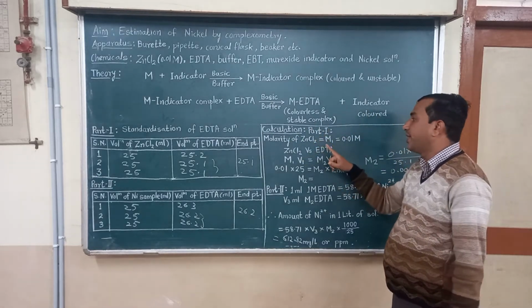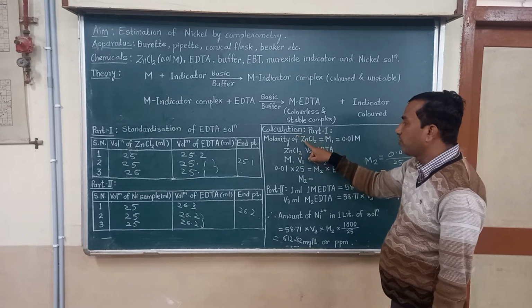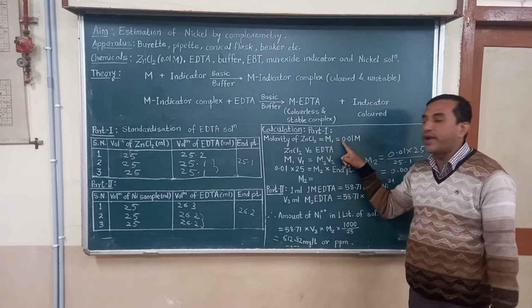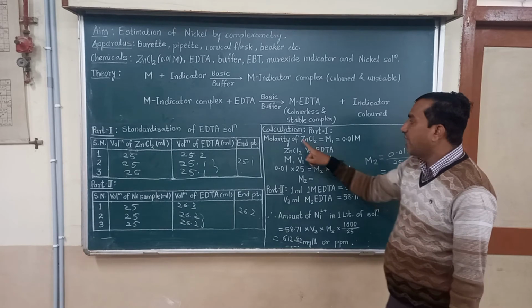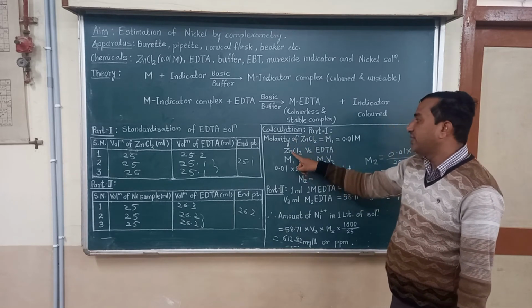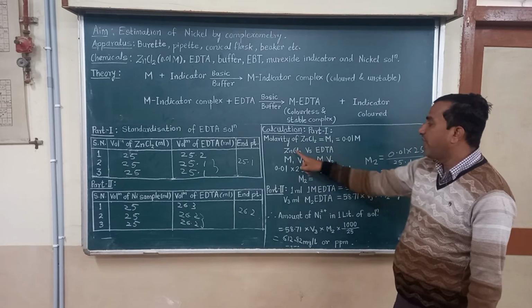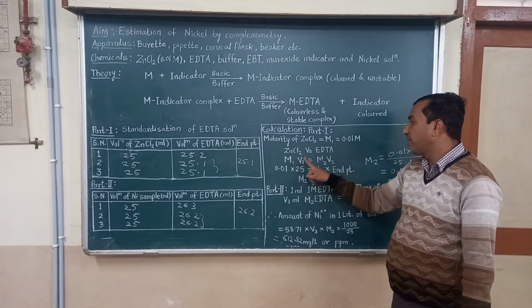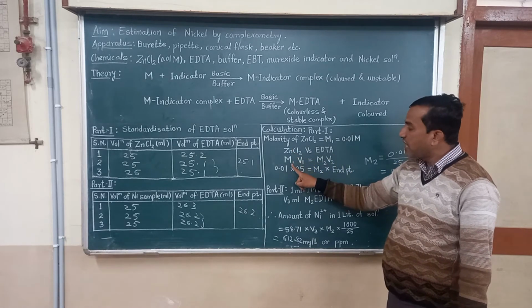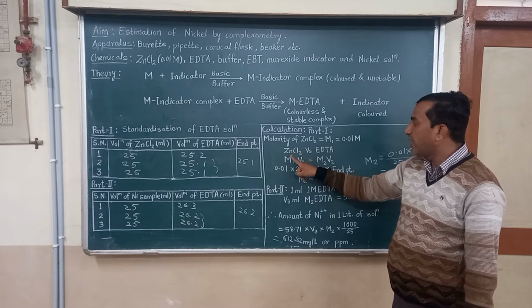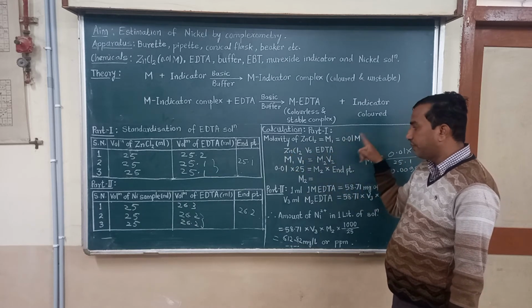Then for calculation, the first part is the standardization of EDTA, where we are calculating the molarity of EDTA. For that we have a standard solution of zinc chloride having molarity 0.01 molar. Then we perform the titration, zinc chloride versus EDTA, using the equation M1V1 = M2V2. M1 is the molarity of zinc chloride, 0.01 molar.